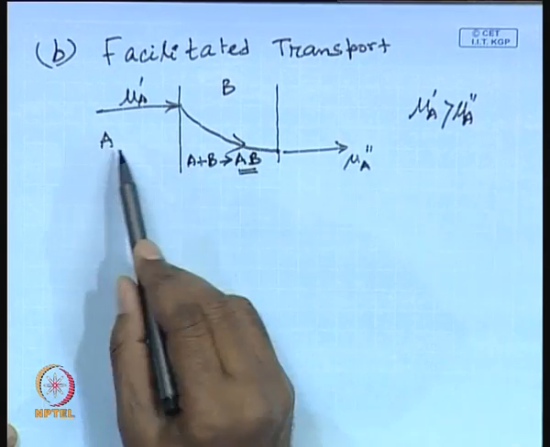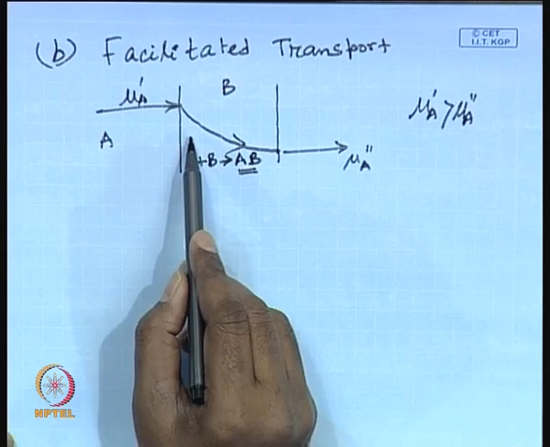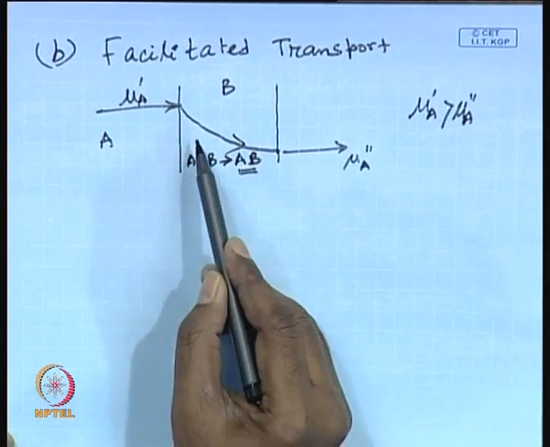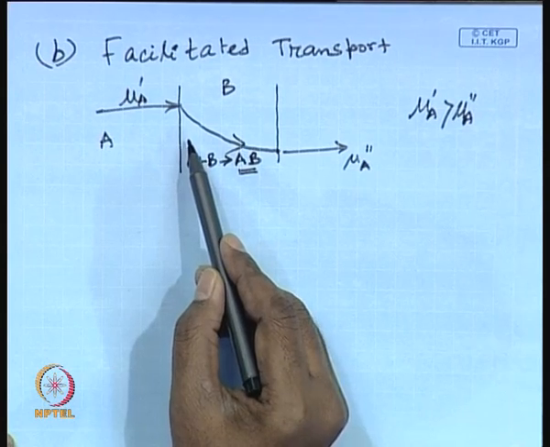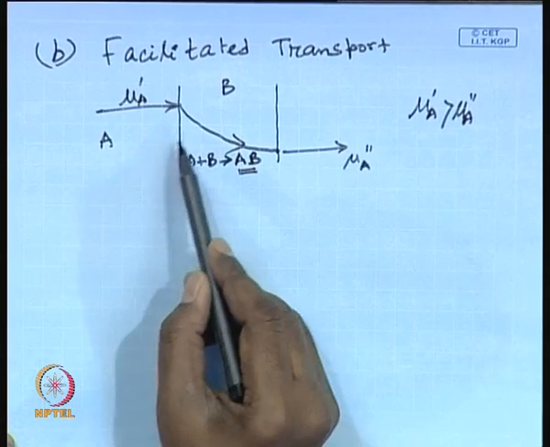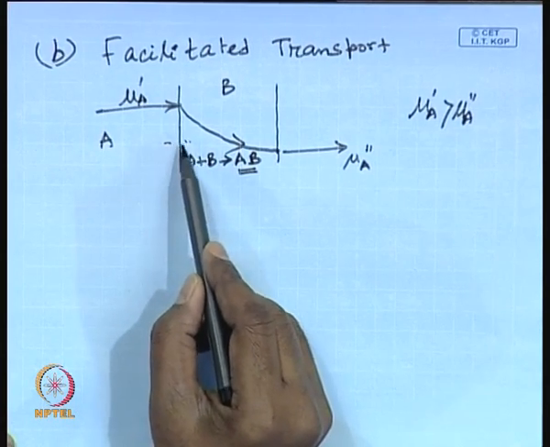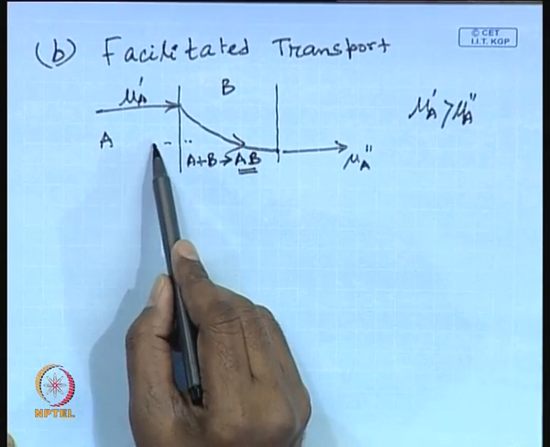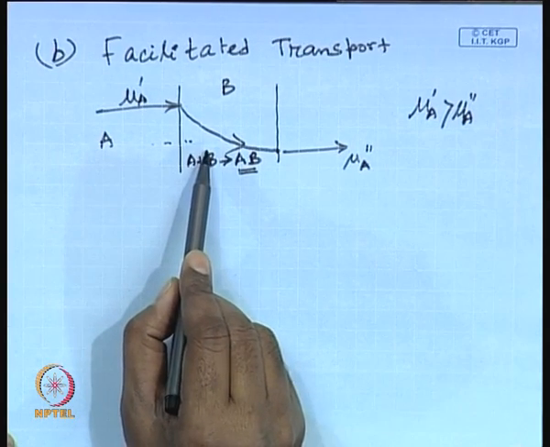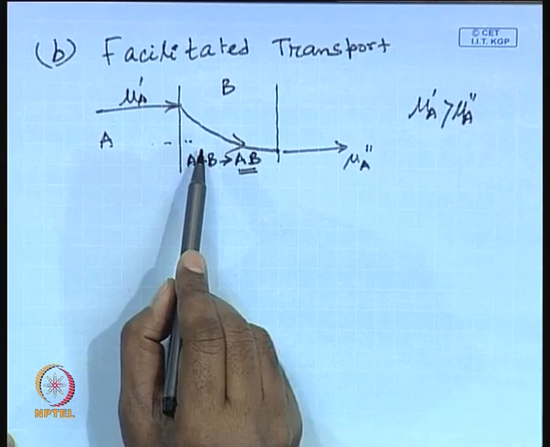Why? Because when A is coming into the membrane phase, it forms a complex AB. Therefore, the concentration of the species A in the membrane phase will be immediately 0. So, it maintains a maximum concentration difference between the membrane phase and the feed phase. So, therefore, more A will be coming into the membrane phase and the transport rate will be enhanced.